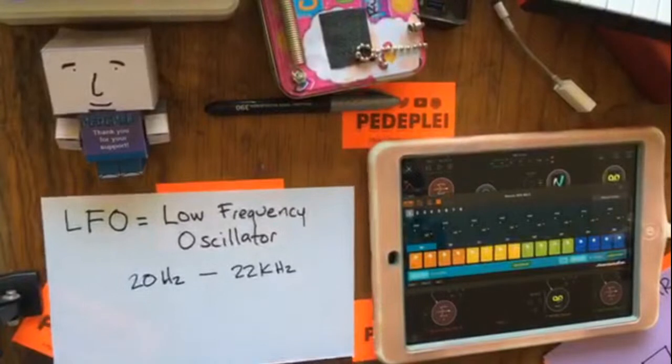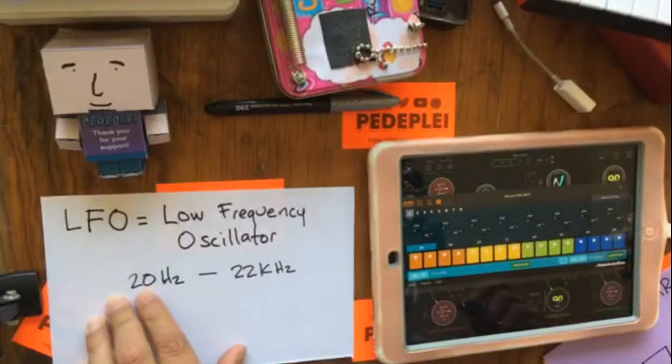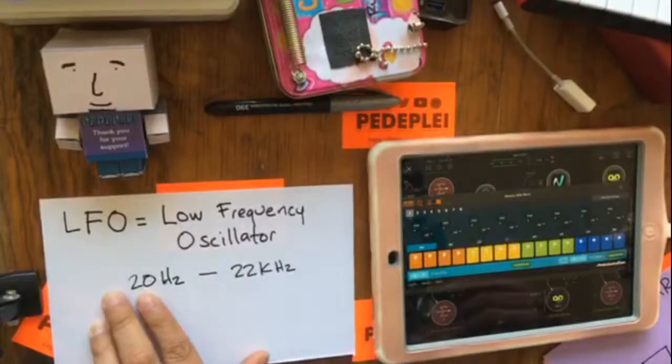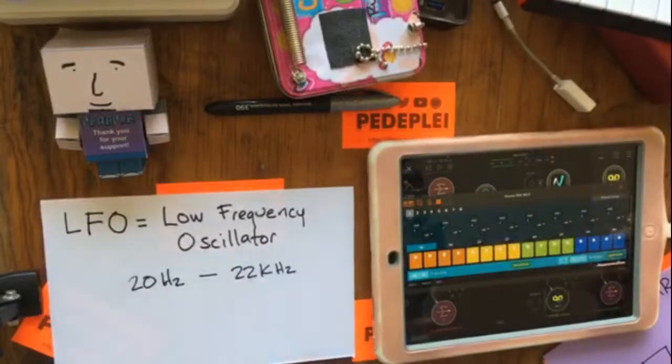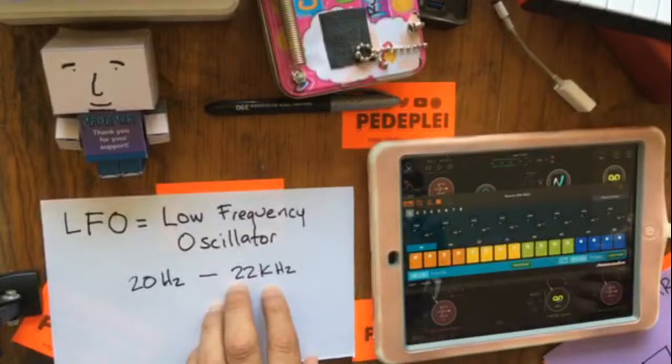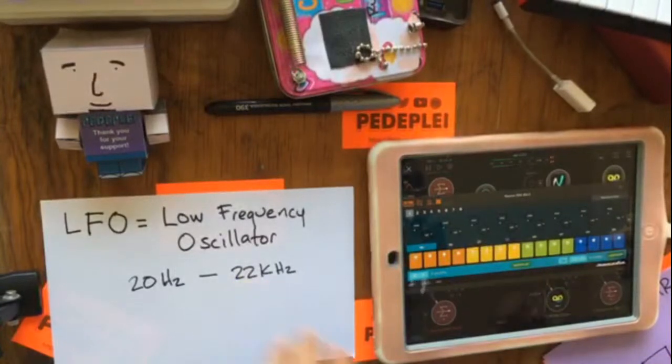which is 22,000 hertz. This means 20 hertz would be an oscillator changing the intensity of voltage 20 times in 1 second. And 22 kilohertz, which is a super high pitch, would mean the oscillator changes the voltage intensity 22,000 times in 1 second, and that's what makes it sound like a higher pitch: the number of changes in 1 second.